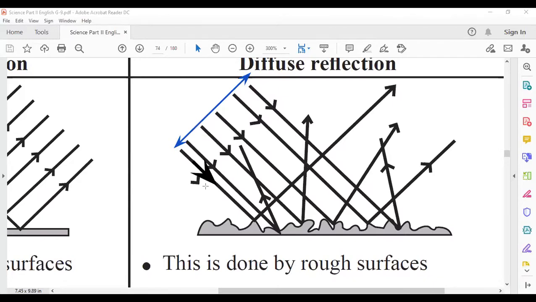What type are they? So they are parallel incident rays. There are no changes in it. They are parallel incident rays. Mark it down.